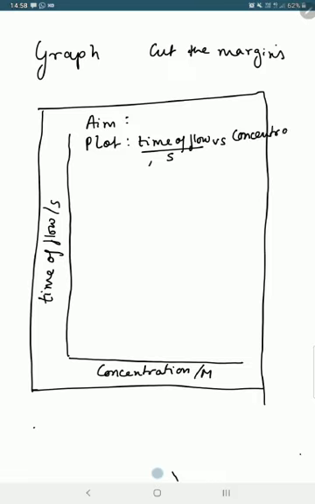Please do not use any abbreviation. Sorry, I do not have too much space on my tab, but you will understand this. So the plot will be written as time of flow versus concentration by M.